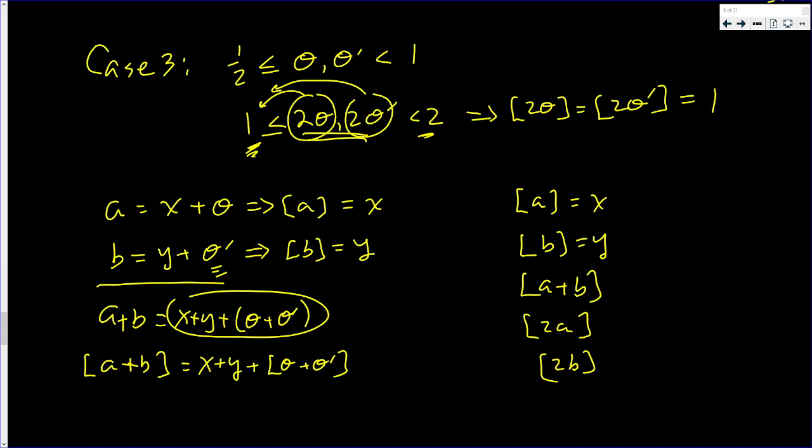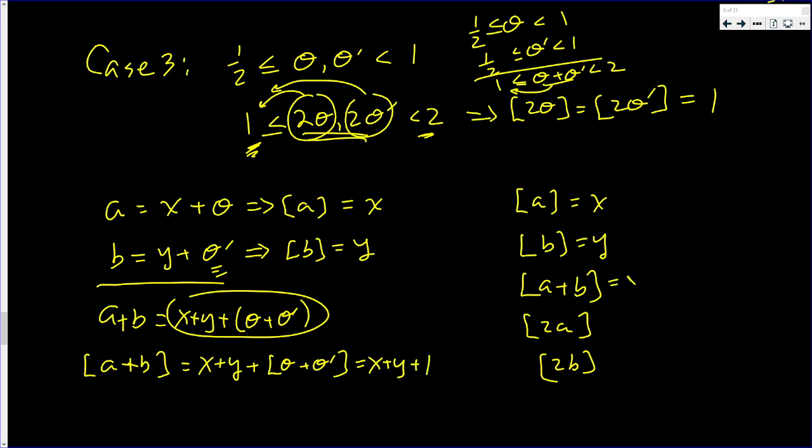If you add them, theta is between 0 and 1, theta prime is between 0 and 1, so theta plus theta prime is between 1 and 2, which means the greatest integer will be 1. So this is x plus y plus 1.